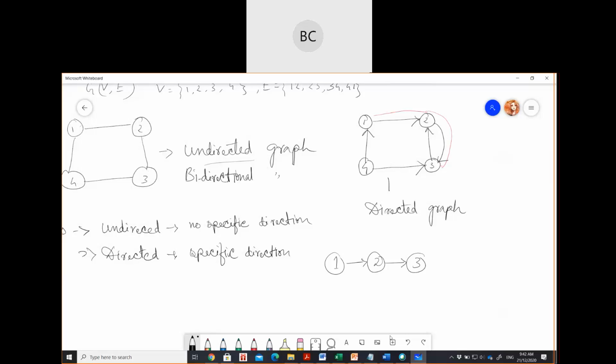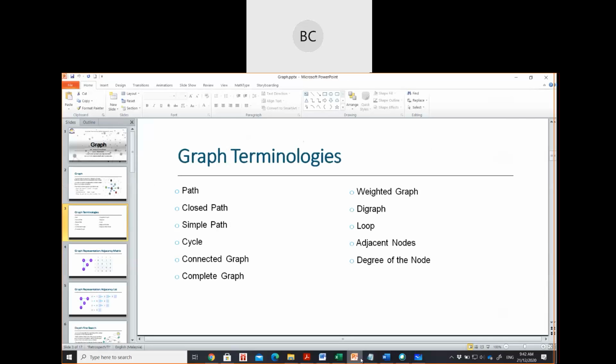The next term was closed path. Can you tell me what a closed path is?